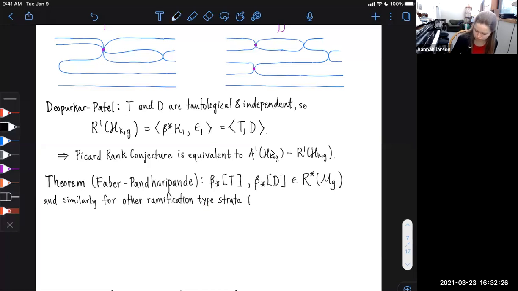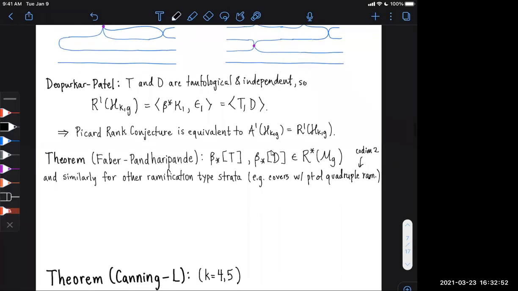So for example, covers with a point of quadruple ramification would be an example of one of these other ramification type strata. This one has codimension 2.